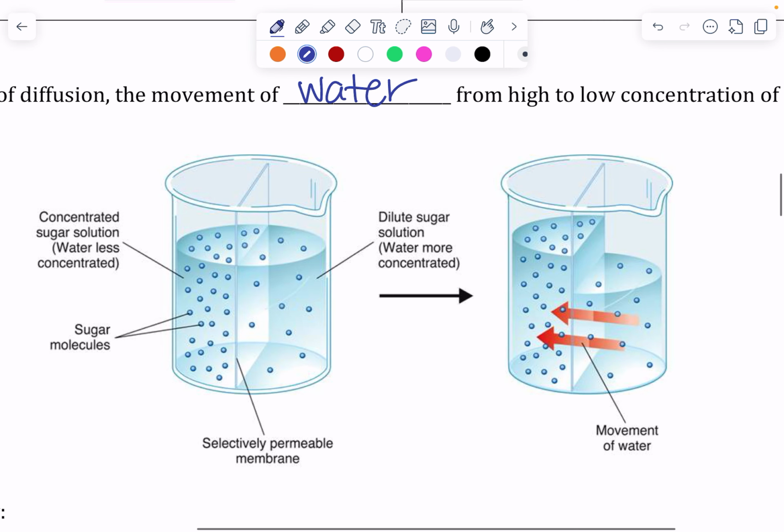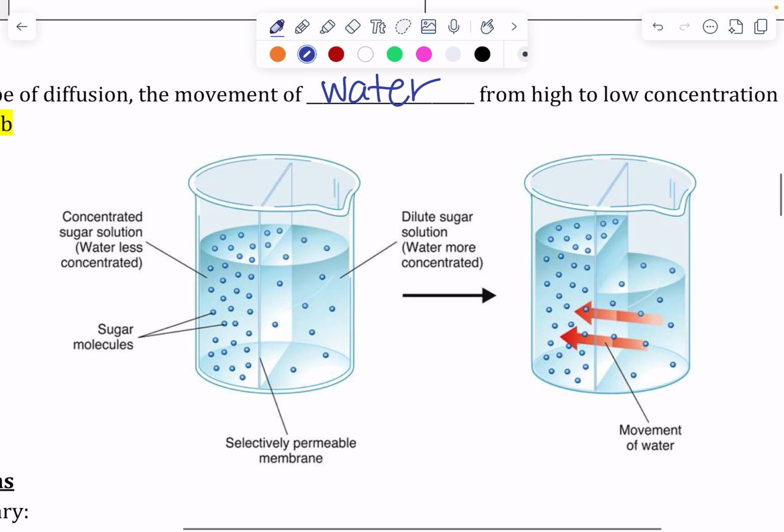This picture shows osmosis as well. You see the selectively permeable membrane splitting the beaker, and we have a sugar solution on the left side. If it's a concentrated sugar solution, that means water is less concentrated there. On the right side, we have a more dilute sugar solution where the water is more concentrated. So water is going to move from a high concentration to a low concentration.